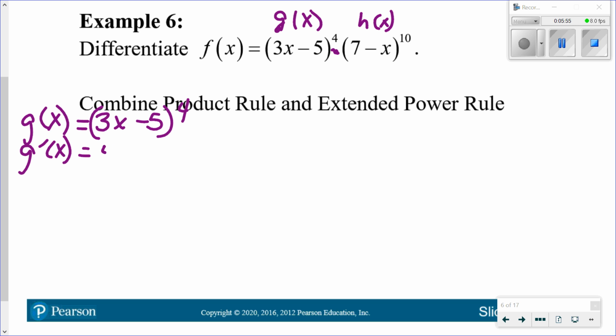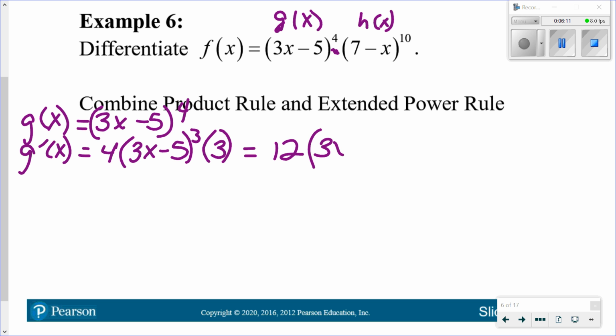So G prime is going to be 4, leave the inside alone, cubed times the derivative of the inside, which is 3. So G prime is going to be 12 times (3x minus 5) cubed.